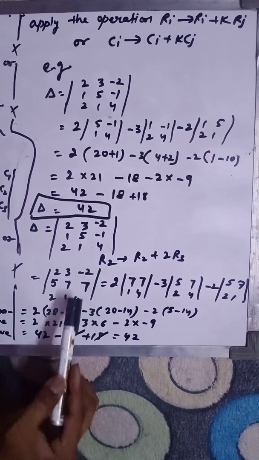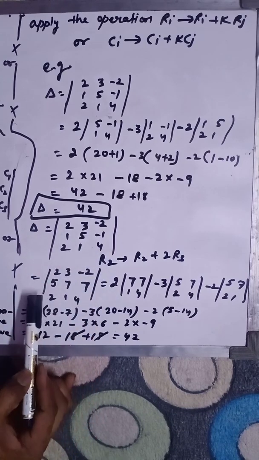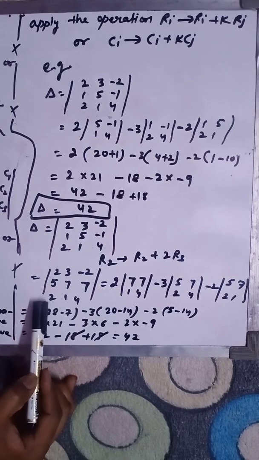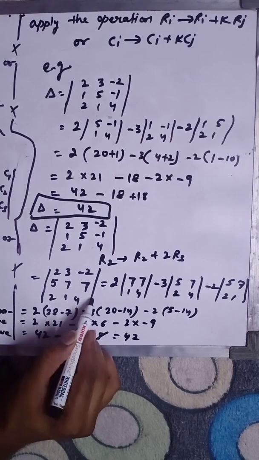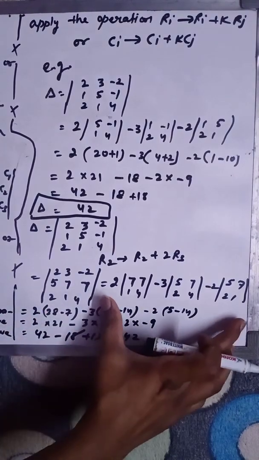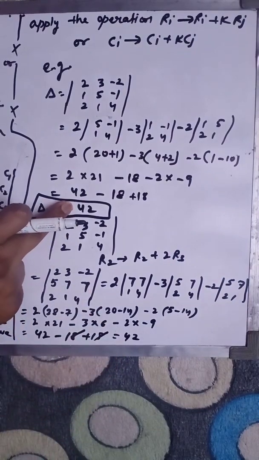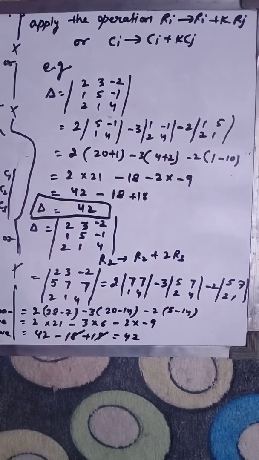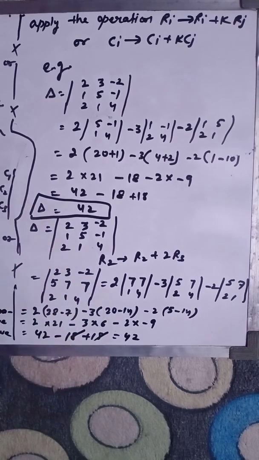So here we are applying this operation. After application, you will get this determinant. And after solving this determinant, you will get the same value, that is 42, which you were getting before. Hence, after application of any operation, the value of the determinant will remain the same. Fine. So this is your property number 6.